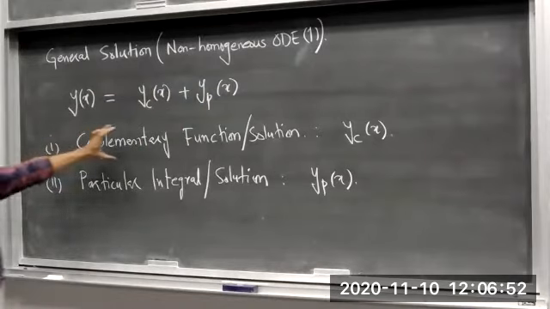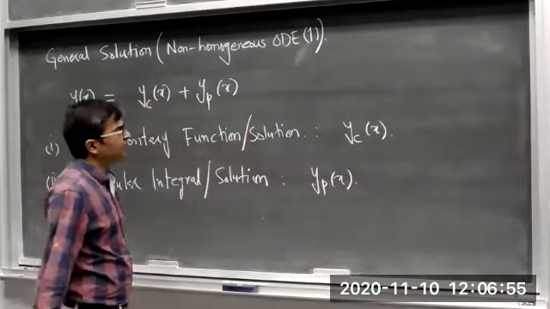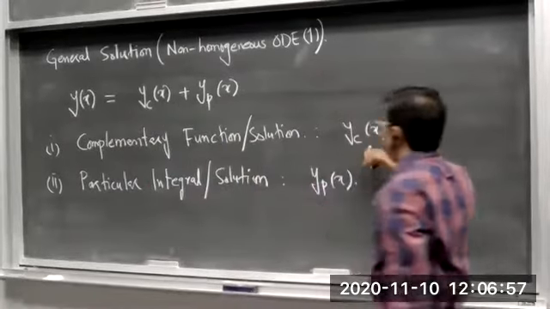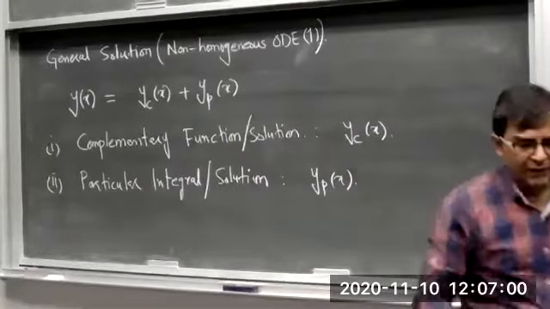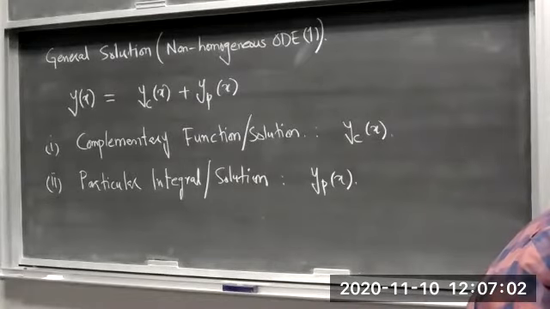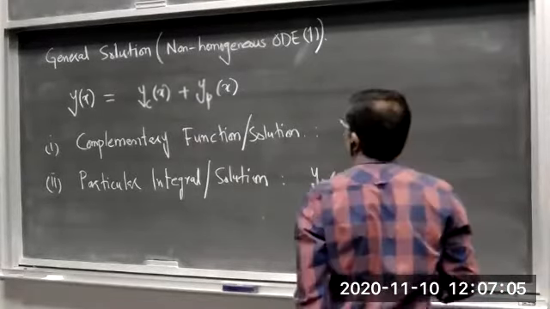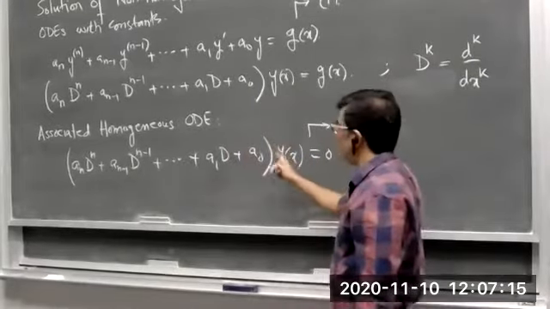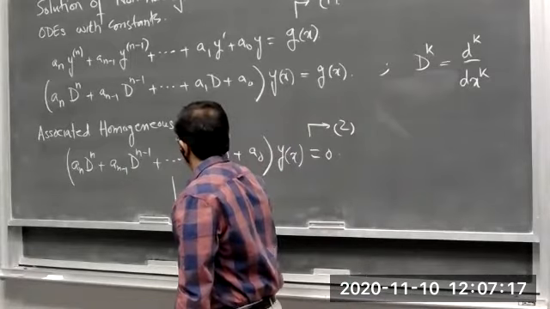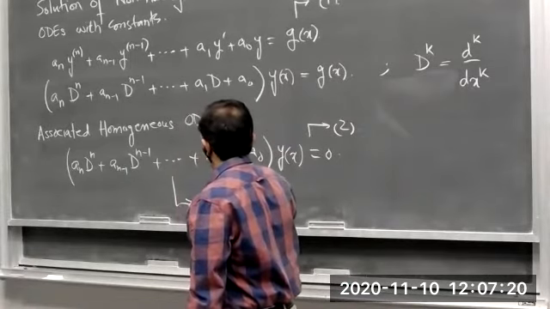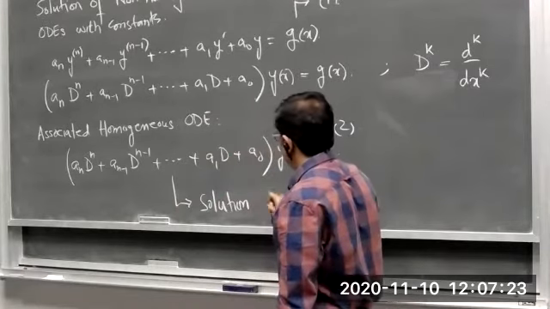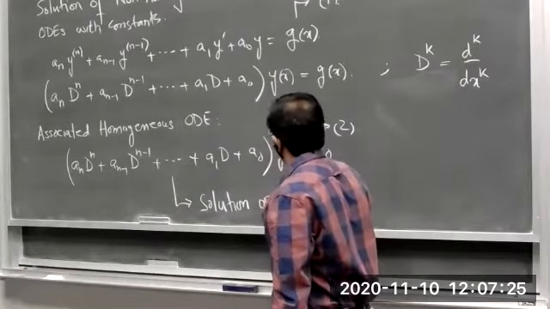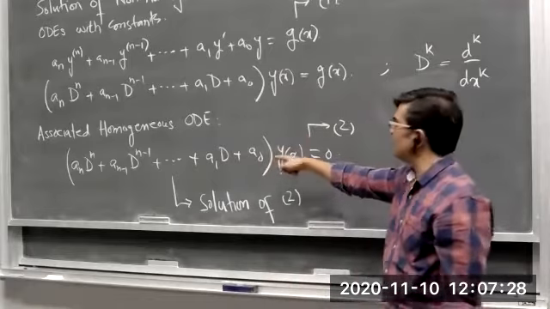Now, what is the complementary function? The complementary function yc of x is the solution of the corresponding homogeneous ODE 2. If we solve this differential equation, we get a solution of 2, the associated homogeneous differential equation.